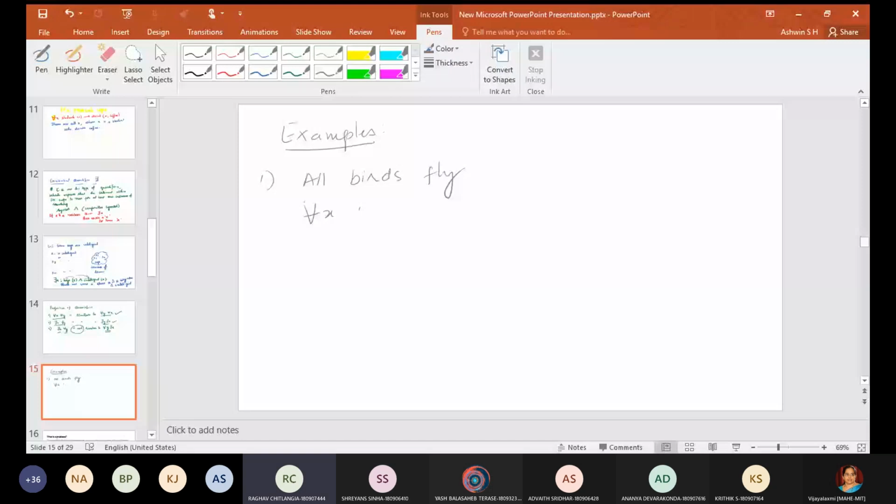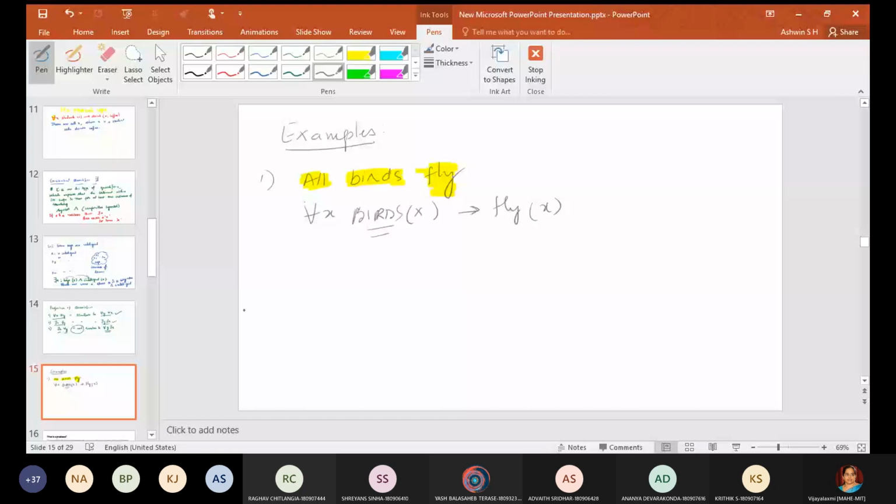This is the example I was considering. A few examples I'll take for the next 5 minutes, then I leave you. All birds fly. So how do we represent? This is the variable x I am considering. Birds x implies fly x. Here this is the predicate.